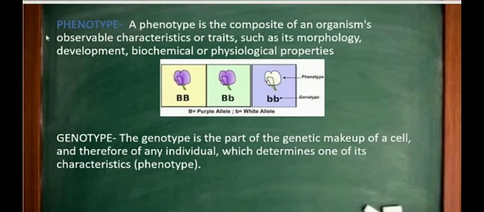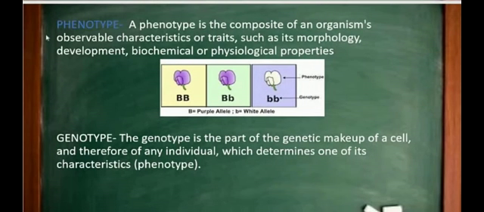Then comes the phenotype. A phenotype is the composite of an organism's observable characteristics or traits, such as its morphology, development, biochemical or physiological properties. So what is phenotype? It is the composite of an organism's observable characteristics.